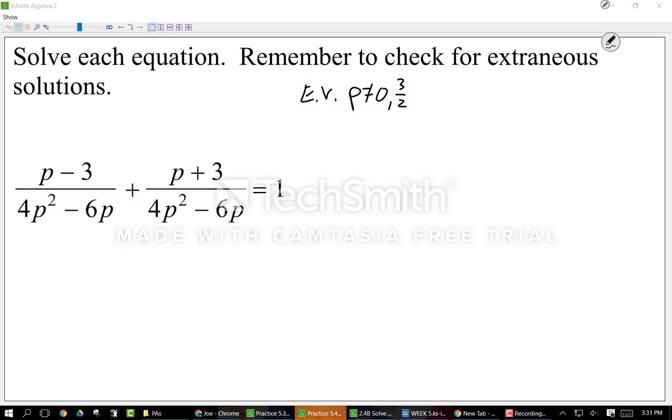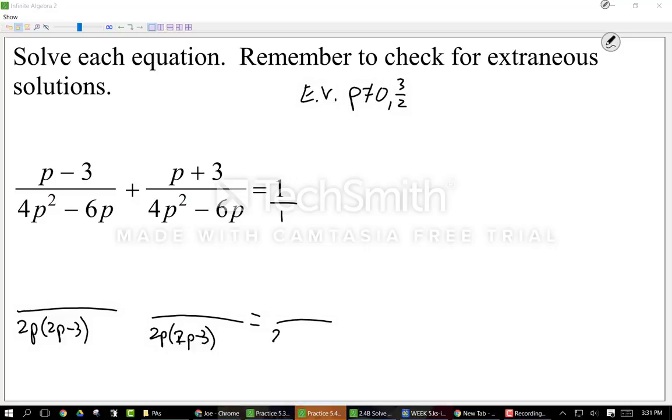So now we got to find common denominators between all three different fractions. My common denominator is going to be 2p times 2p minus 3. And the reason why is because that's just a 1, so I can make that really anything I want to. So I'm going to make it the 2p times the 2p minus 3. So now let's work on our numerator parts. Because this is the same, that means p minus 3 has to be the same.